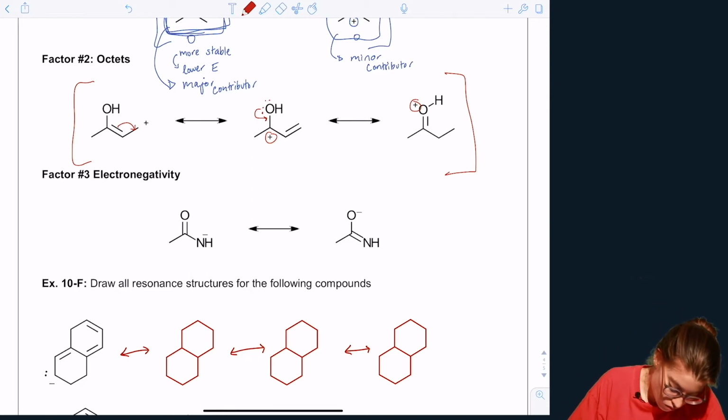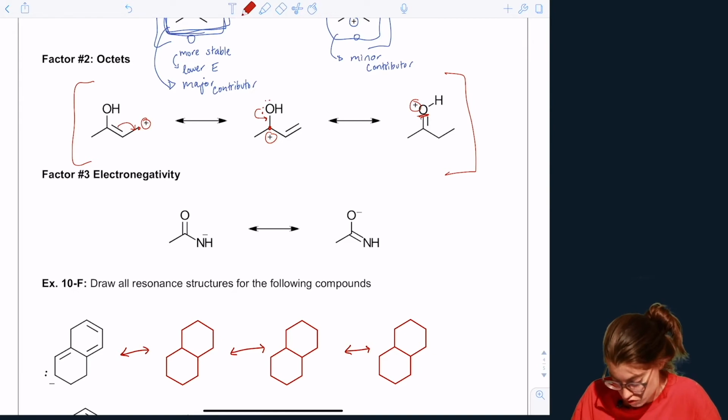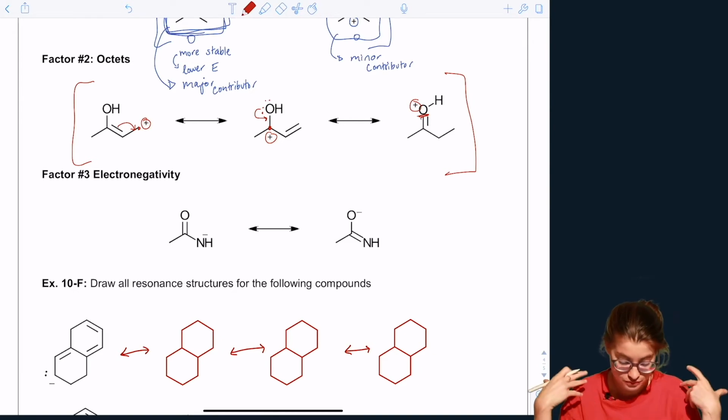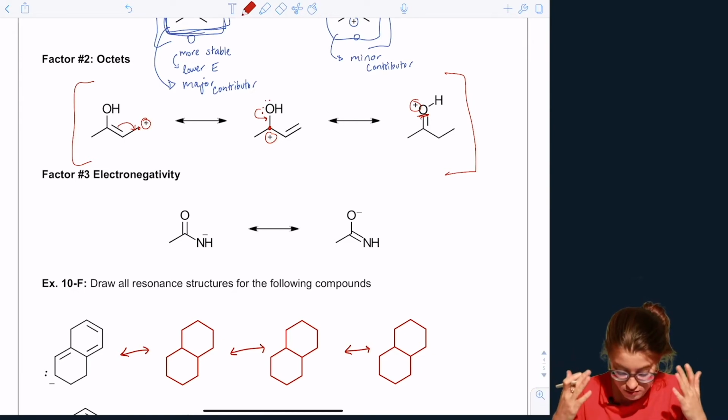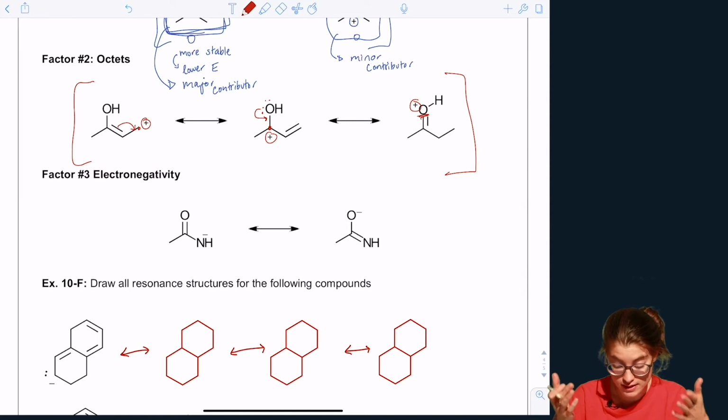Here the carbon has a positive charge, here this carbon has a positive charge, and here the oxygen has a positive charge. A lot of times when we think of oxygen versus carbon with a positive charge, we would think that carbon is more stable with a positive charge because oxygen is more electronegative.